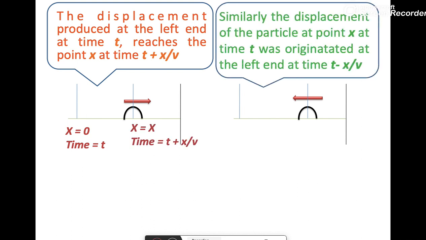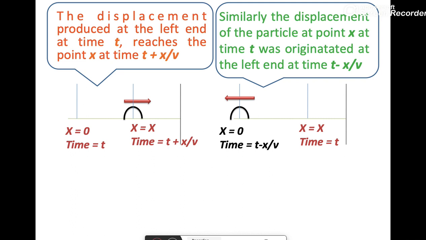Similarly, the displacement of the particle at point x at time t was originated at the left end at time t minus x upon v. Again, I would like to repeat the same thing.